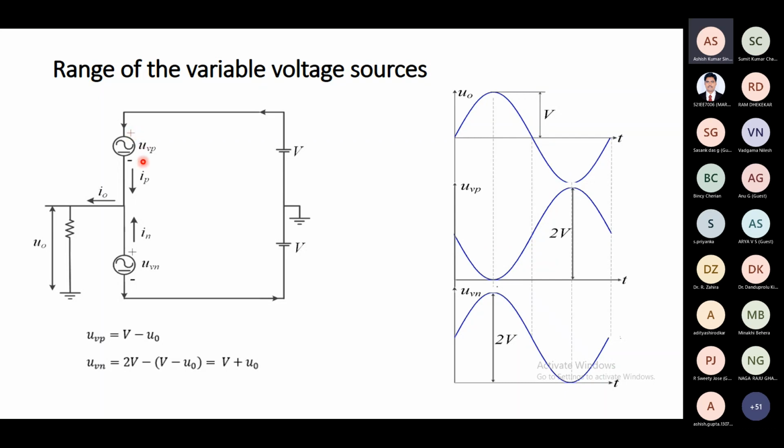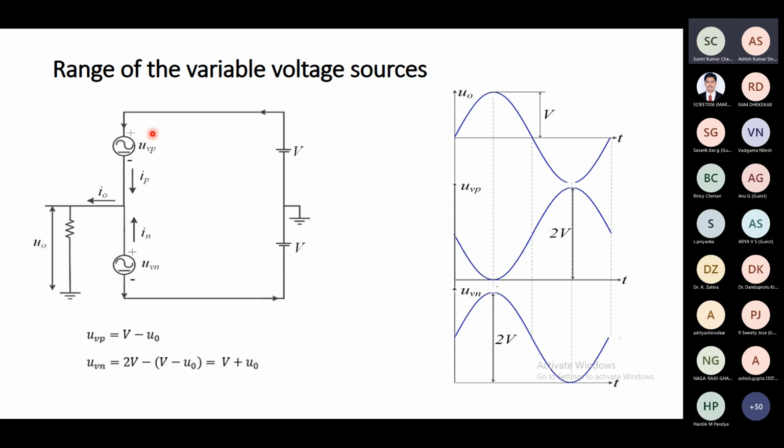Yes, this is charging, since the current is entering the positive side. And here, this side is positive, and this is the direction, so this will be discharging, right? Yes, sir. So the upper side is getting charged and the lower side is getting discharged. Similarly, when the direction changes, the lower side will be charging and the upper side will be discharging.